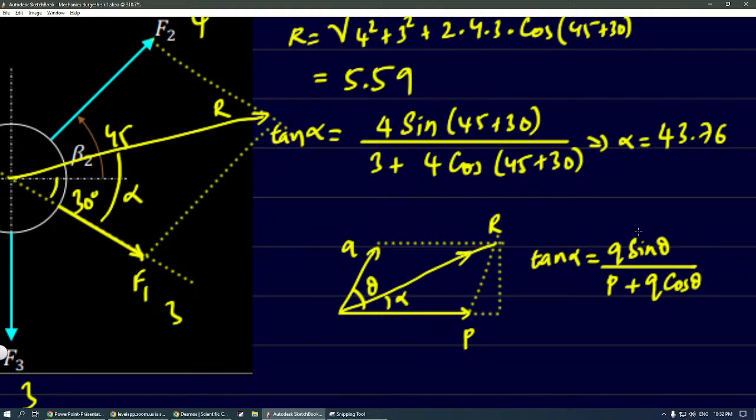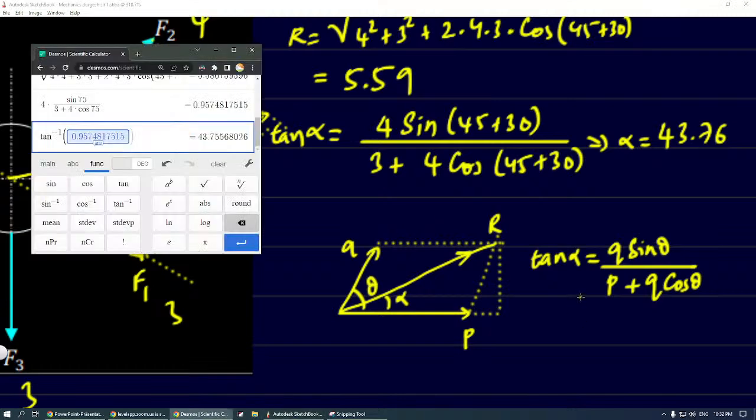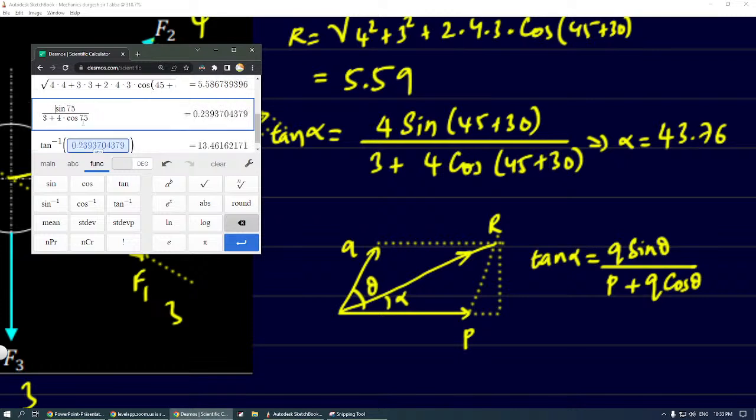What answer are you getting? I'm getting 69.36, sir. Did you make any mistake? Sin 75, cos 75, it's correct, no? Maybe the whole thing is multiplied by 4. No, 4 into sine 75 in the numerator.